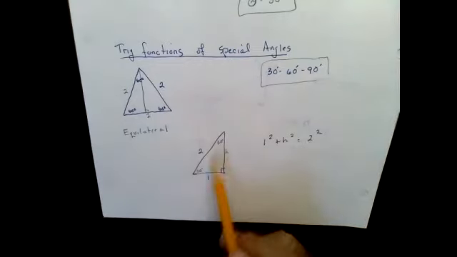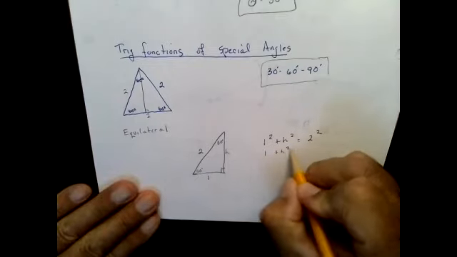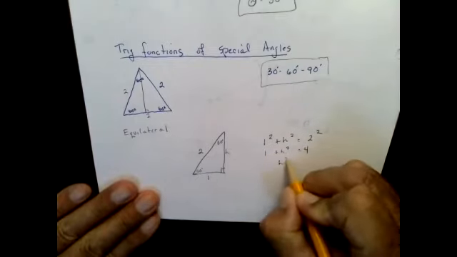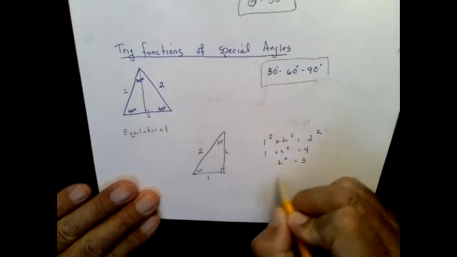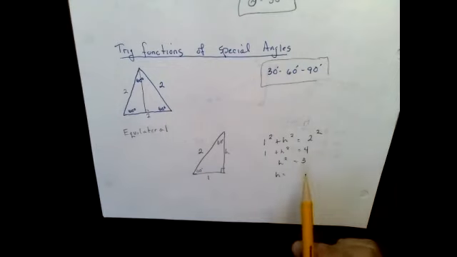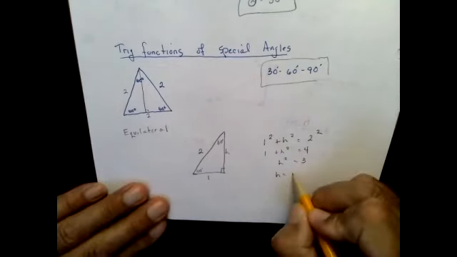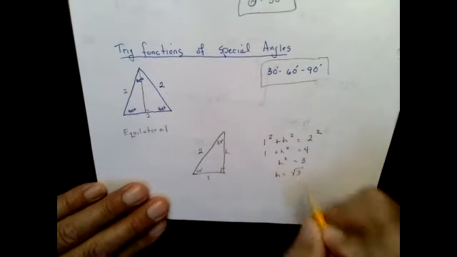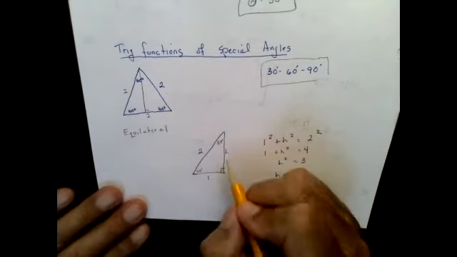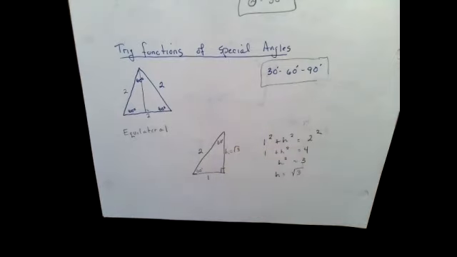Leg squared plus leg squared equals hypotenuse squared. 1 plus H squared equals 4. H squared equals 3. H equals plus or minus the square root of 3, but I know a length can never be negative. So this is the square root of 3.